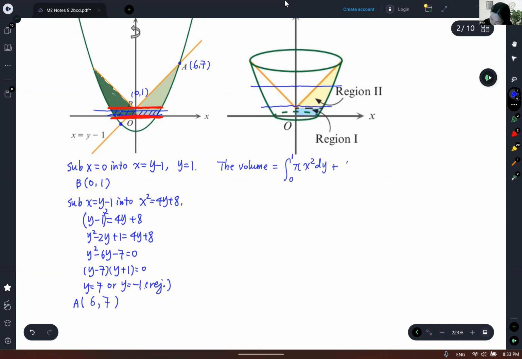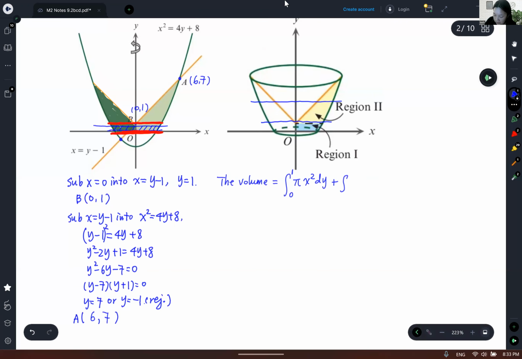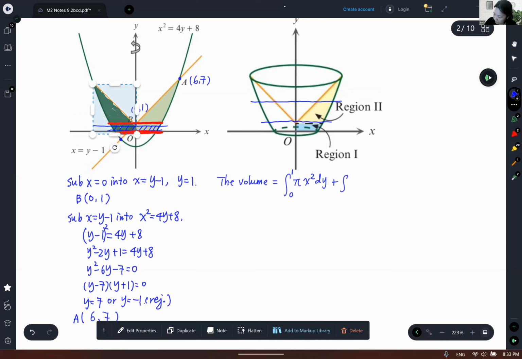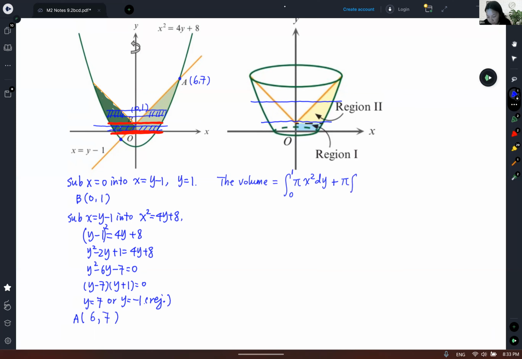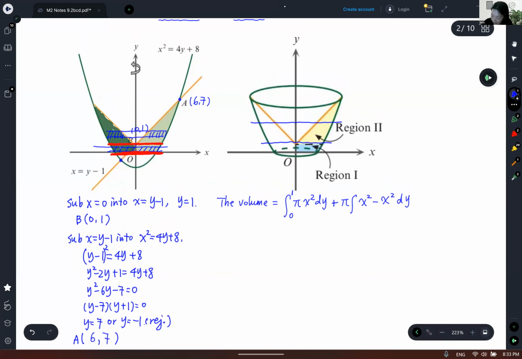And then the next part, when the cutting is this way, it's a ring. This part is pi. Let me write pi outside. That's pi r squared. The bigger r is the green one, x squared minus the orange x squared dy. Now here, obviously, I can't use x squared. I'm going to name this one x1 and this one x2.